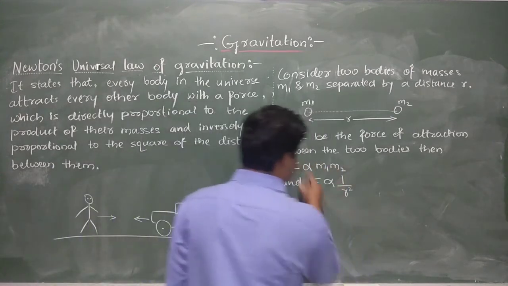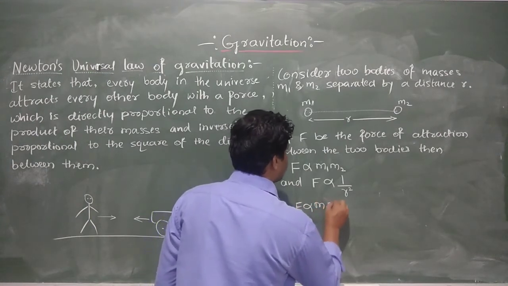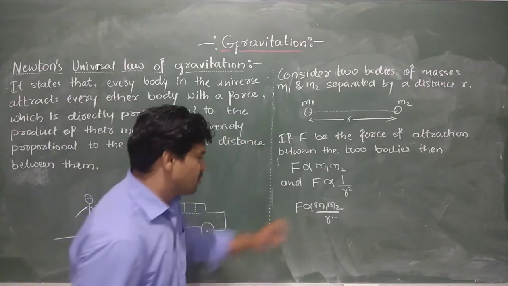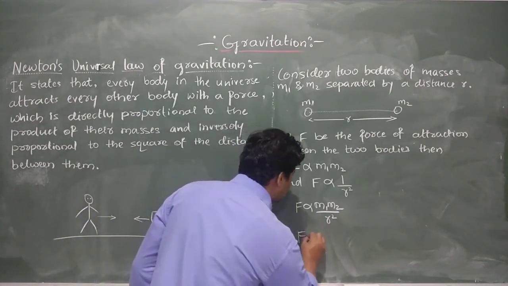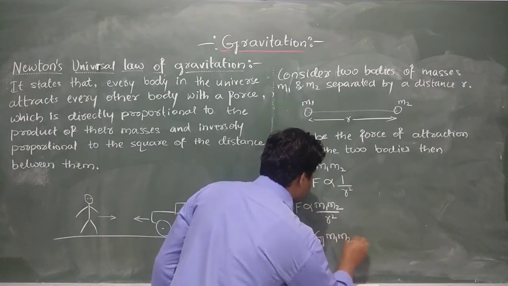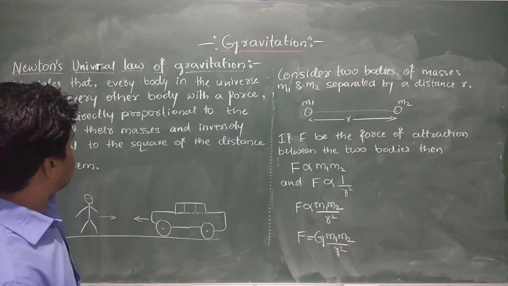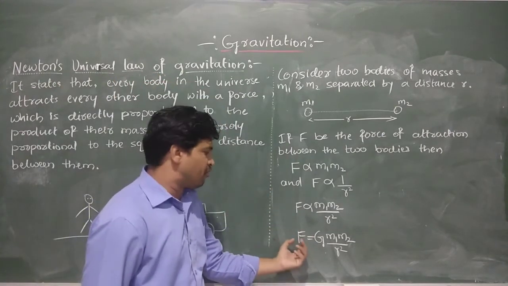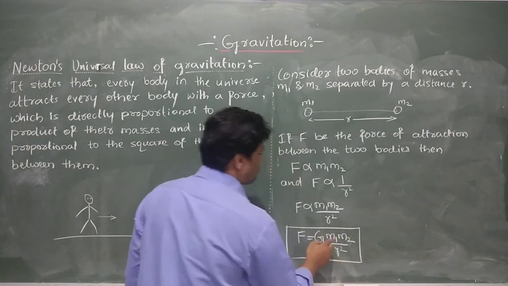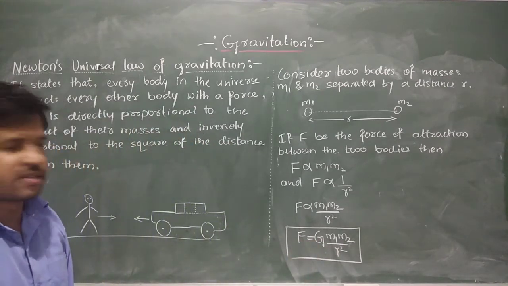If you combine these two relations, you will get F is proportional to m1 m2 divided by r square. When you remove this proportionality sign, you get a constant called the universal gravitational constant G. So according to Newton's law of gravitation, this is the force of attraction between two bodies of masses m1 and m2 separated by a distance r.